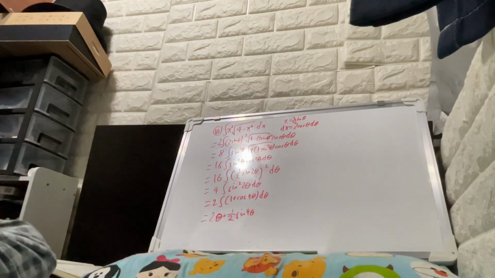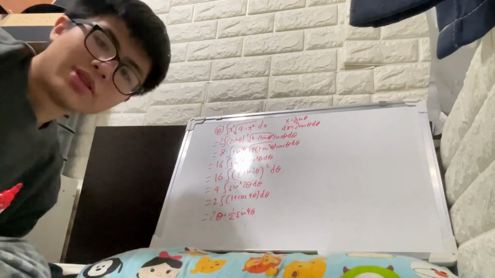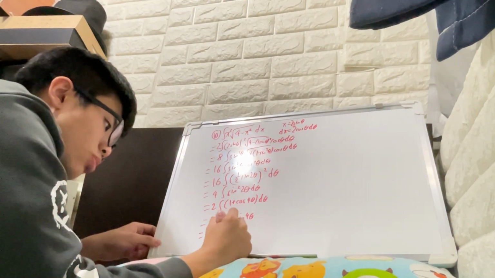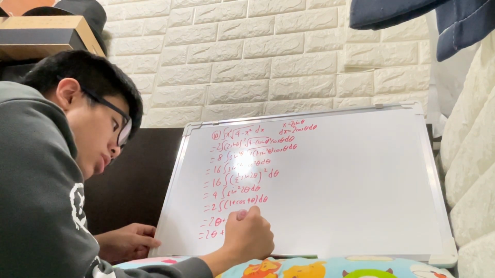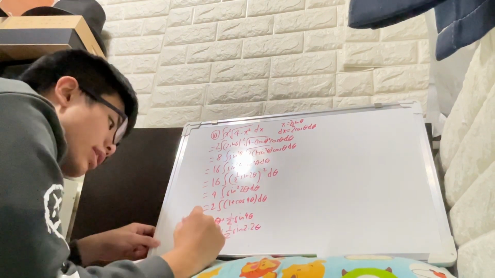So sine 4 theta, do we have an identity for it? No, but don't worry, we're going to write it as 1/2 sine 2 times 2 theta right here.